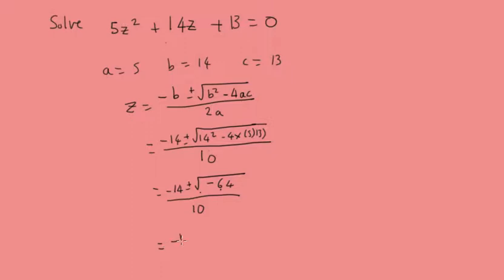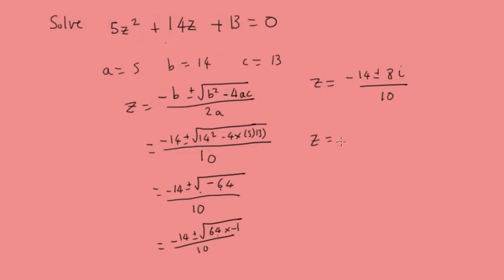So we've got minus 14 plus or minus the square root of 64 times minus 1, over 10. Now the square root of 64 is 8. So z is going to be minus 14 plus or minus 8i over 10.